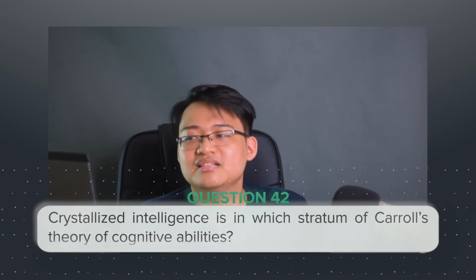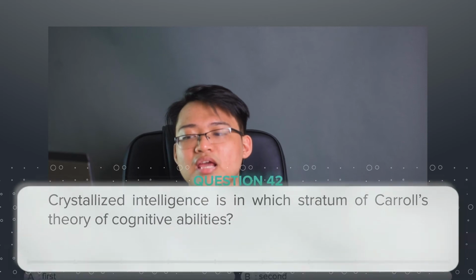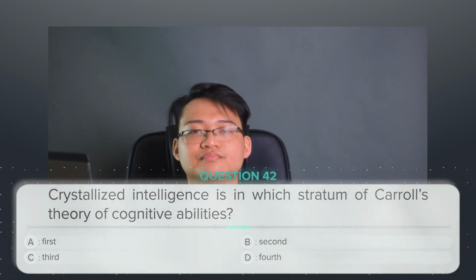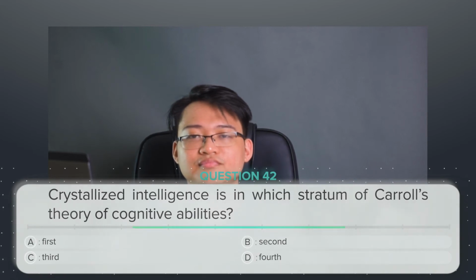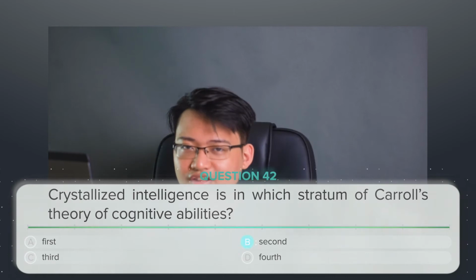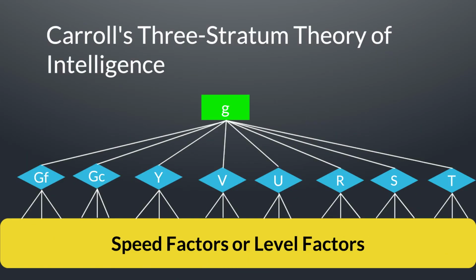Crystallized intelligence is in which stratum of Carroll's theory of cognitive abilities? A. First. B. Second. C. Third. D. Fourth. The correct answer is letter B, second. Here you can see there are three strata: the first, the second, and the third.